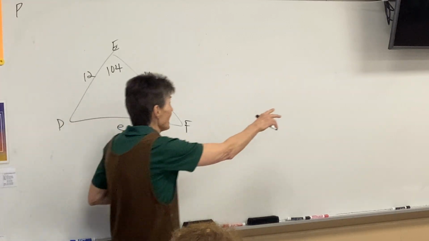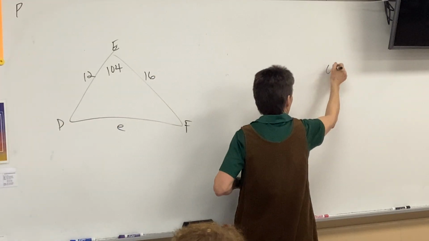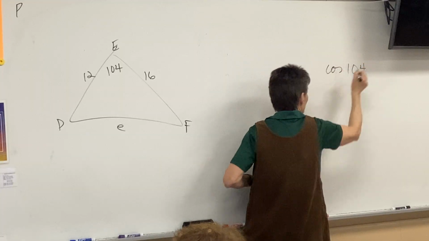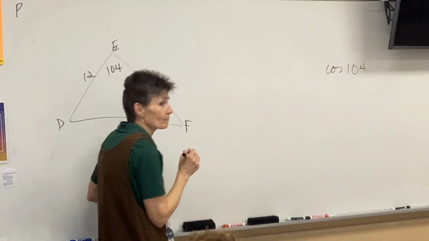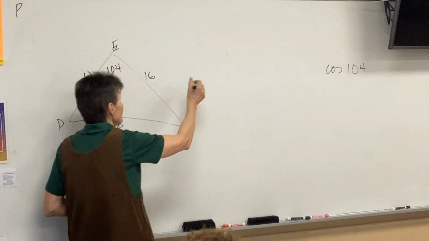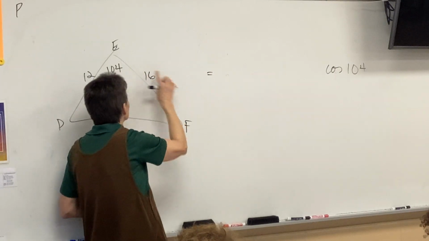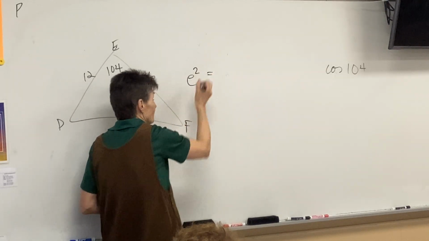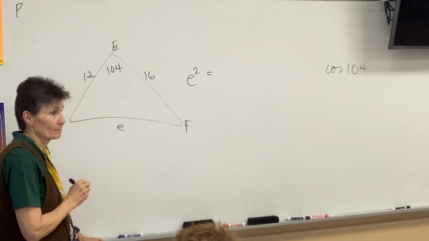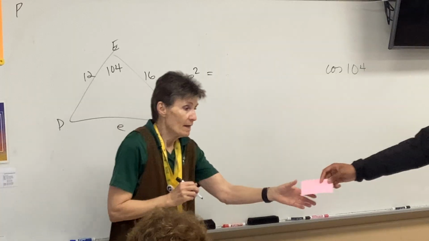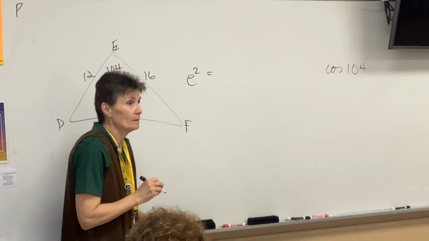Out on one end of the law of cosines is cosine 104. On the other end, all by itself, is e squared. And then in the middle is going to go what?